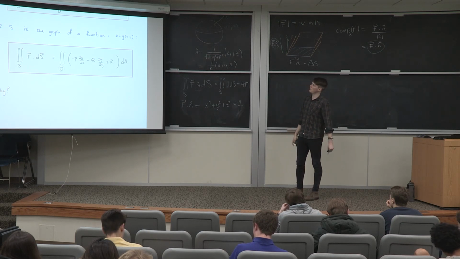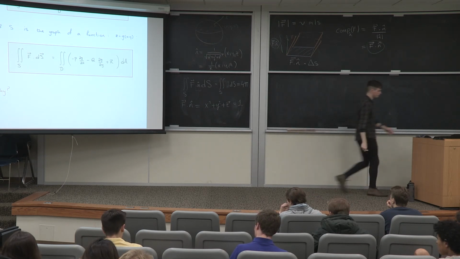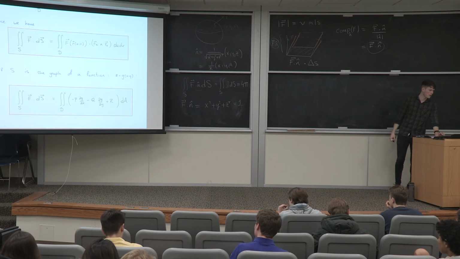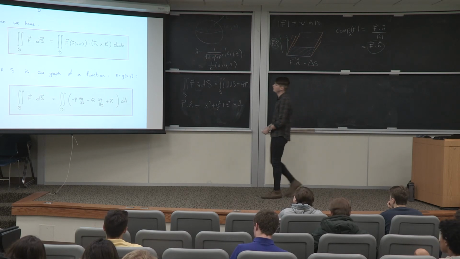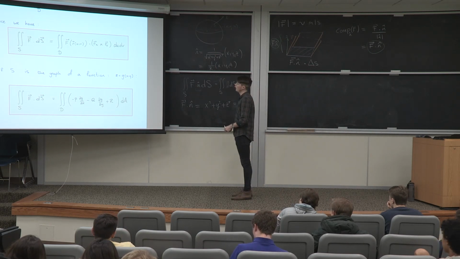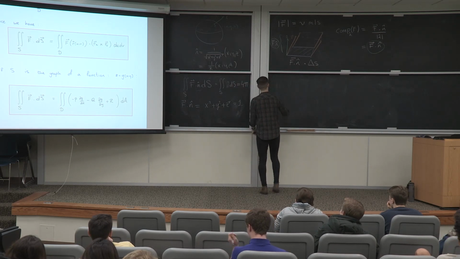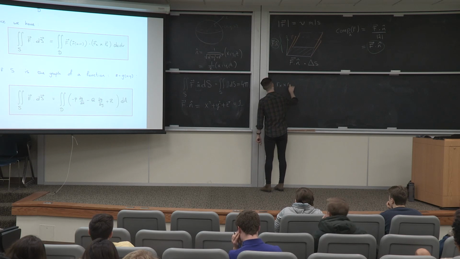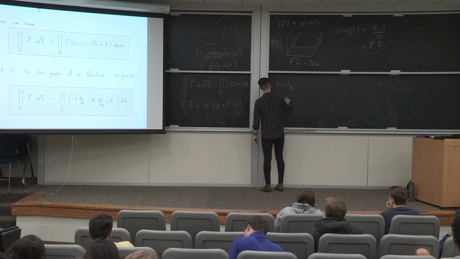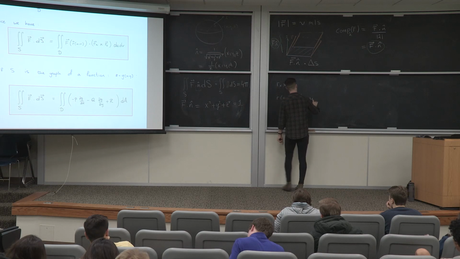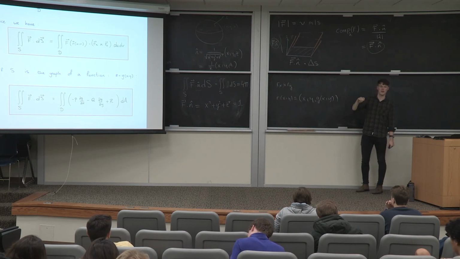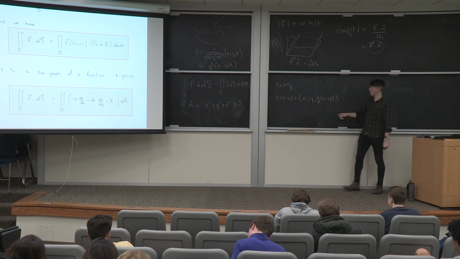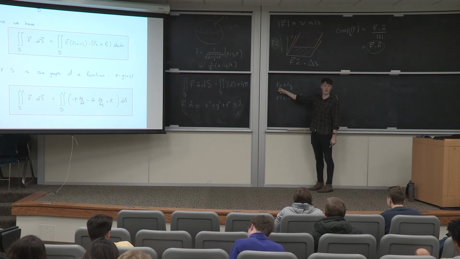So, what did we say before? If we go back to this formula up here, r_u cross r_v, here this is going to become r_x cross r_y, where r, recall, of (x,y) is (x, y, g(x,y)). You would be able to compute this.